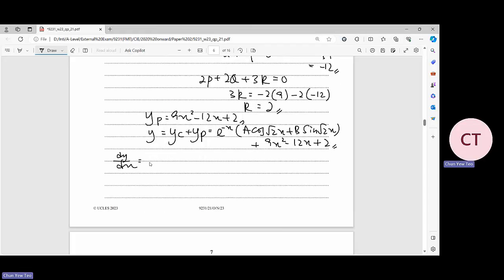So our dy/dx will be, keep the left, differentiate the right. Plus 18x minus 12. Hey, sorry. Keep the left, differentiate the right. I forgot, keep the right, differentiate the left.